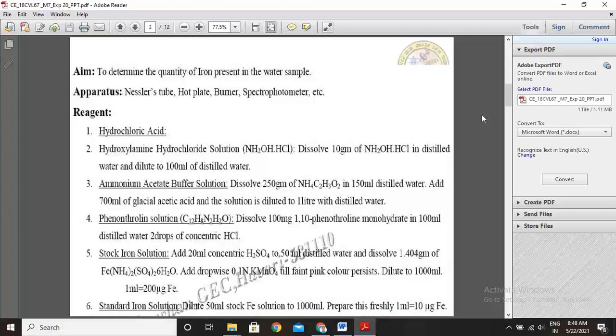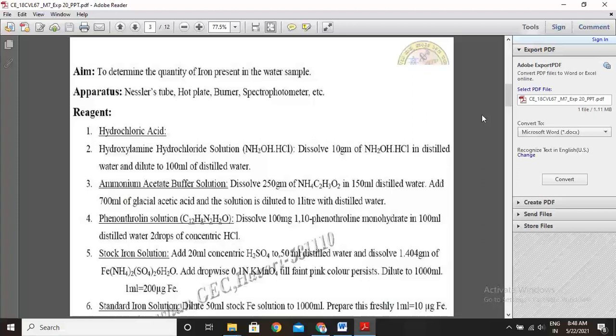Next, which reagents are required? Here the reagents are listed and prepared. First is hydrochloric acid. Second one is hydroxylamine hydrochloride solution.